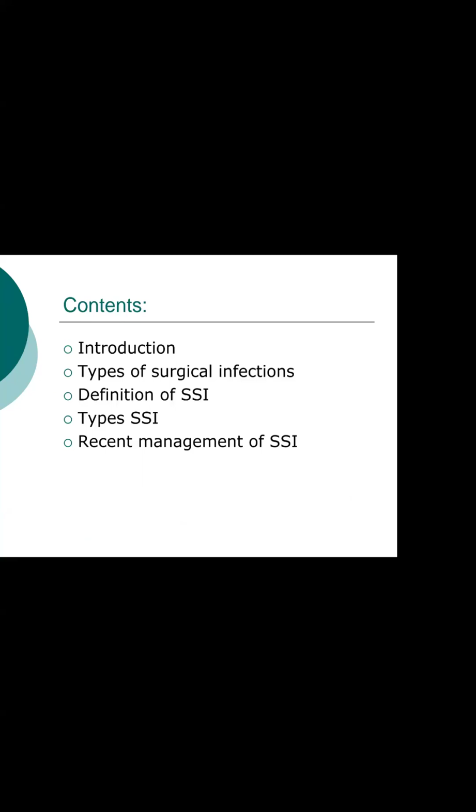Then classification of surgical wounds: clean wounds, clean contaminated and dirty wounds. Correct? Then we learned some definitions of contamination, colonization, bioburden, and biofilm. Then we discussed the local indicators and the systemic indicators. Then three types of surgical site infections. Then we went on to surgical site infection prevention, how you prevent it in a hospital.